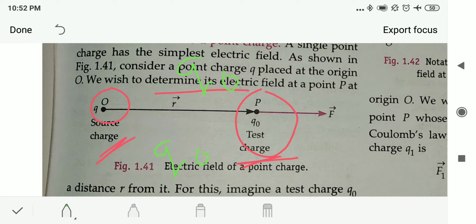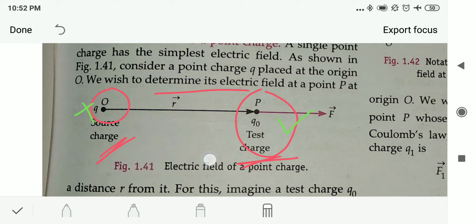this test charge q naught, we consider it as a positive charge. We have taken the source charge as a positive charge, and the electric field due to a positive charge is radially outwards. We have discussed this. So whether q naught is placed here or elsewhere, the direction of the electric field will be radially outwards from it.